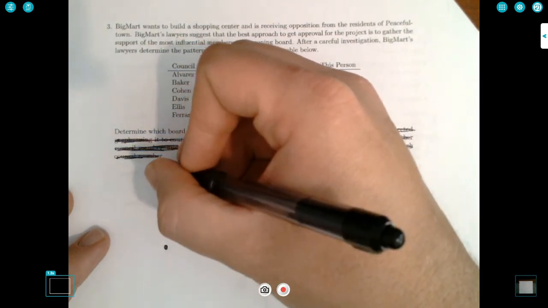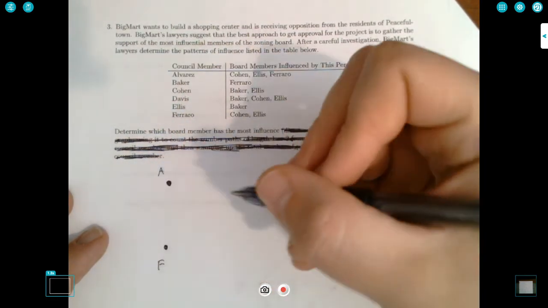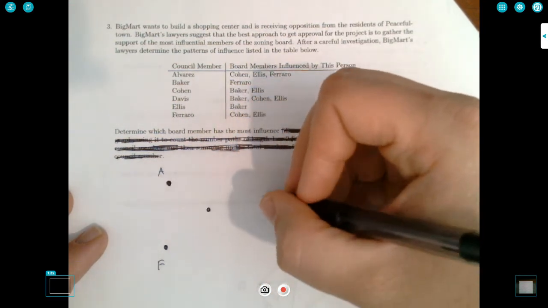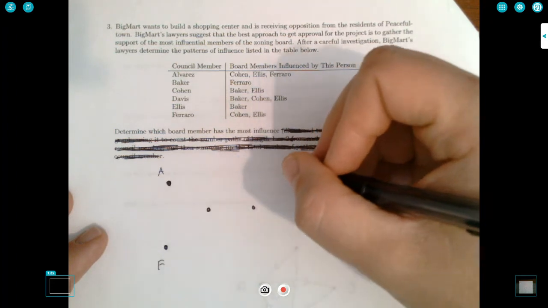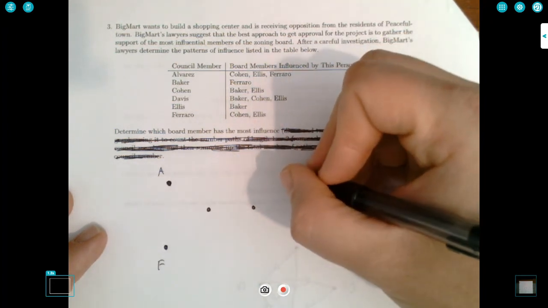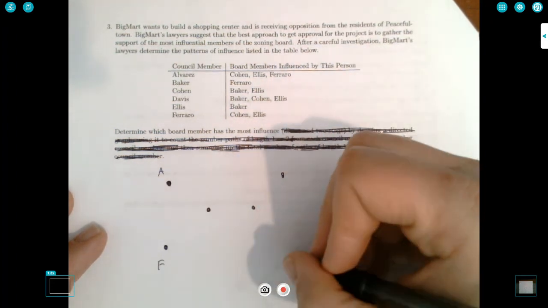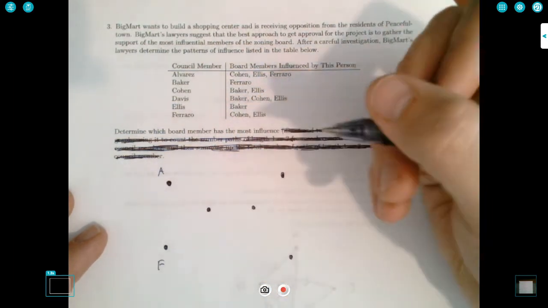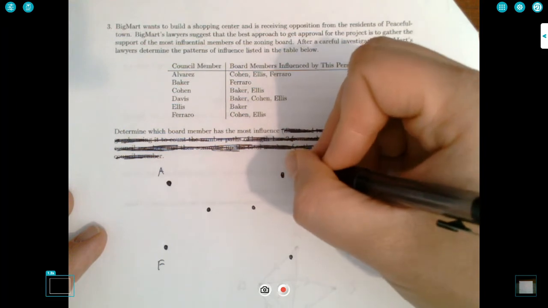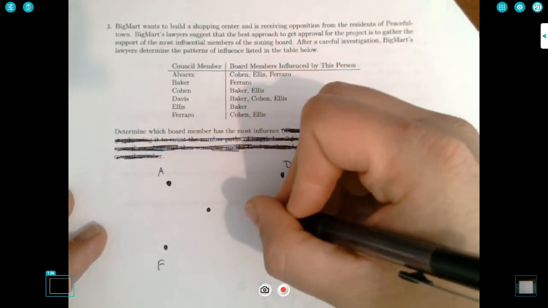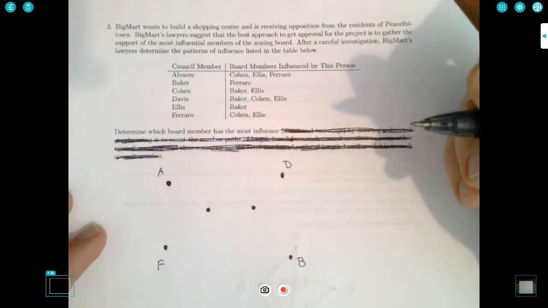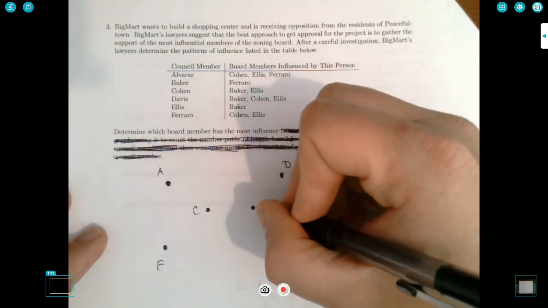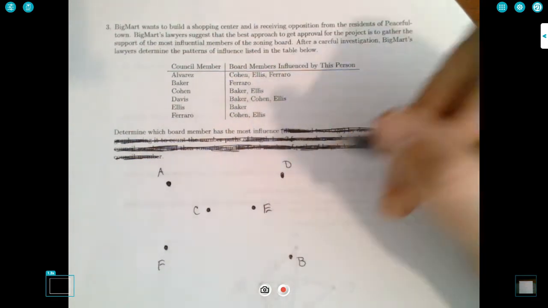So this is A. I'm going to put F down here. I'm going to put C here, and then E, and then D, and then B. So this is D, this is B, C, and E.